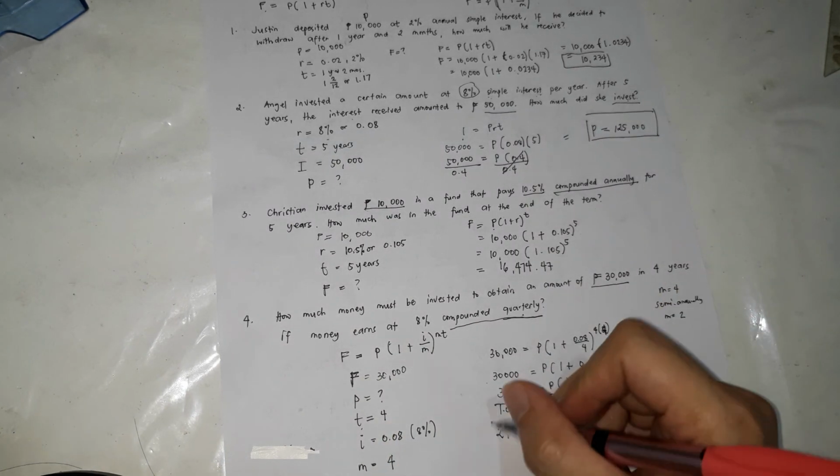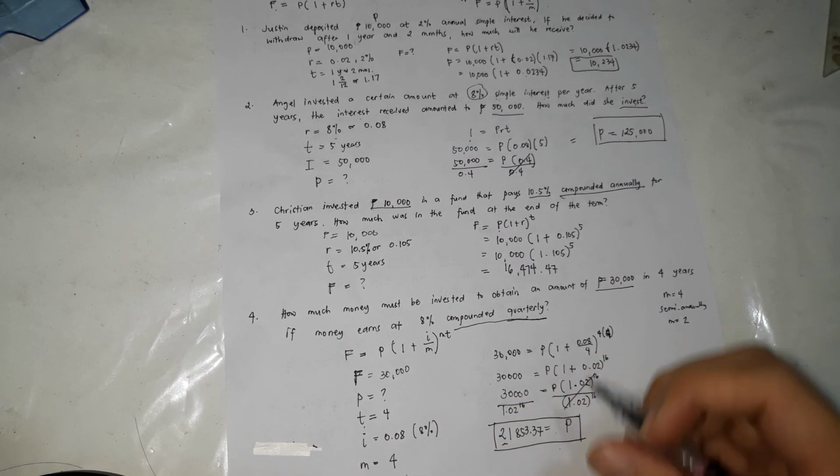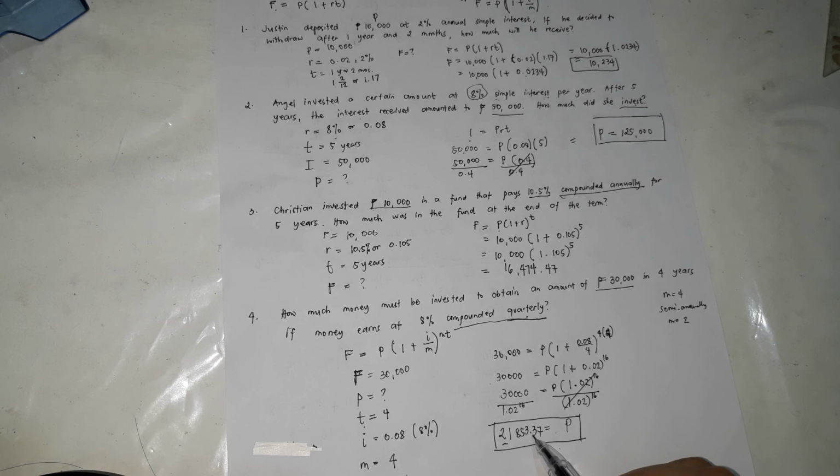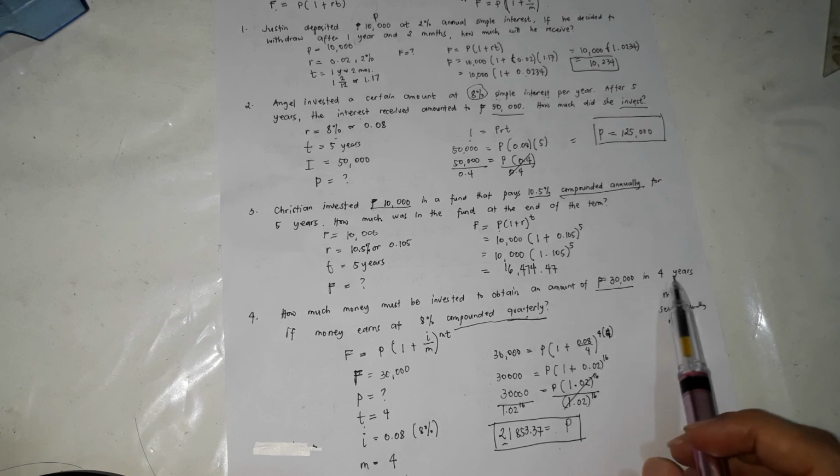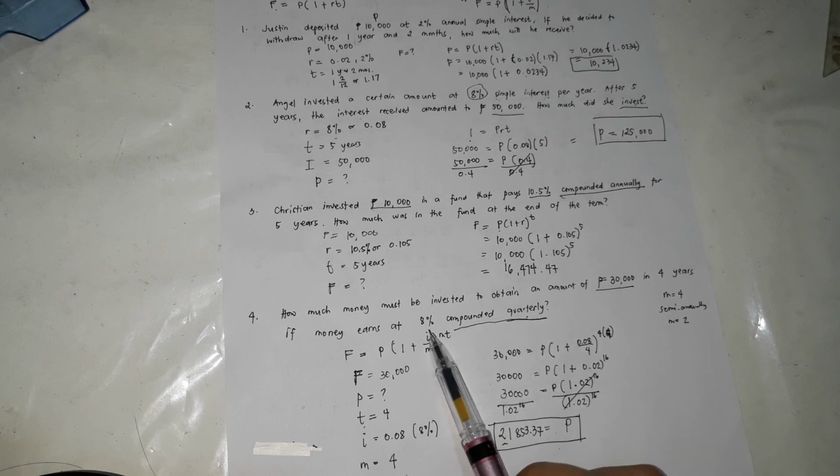So, kailangan mo mag-invest ng 21,853.37 pesos para magkaroon ka ng 30,000 after 4 years if the interest is 8% compounded quarterly. So that's how you're going to solve simple and compound interest problems.